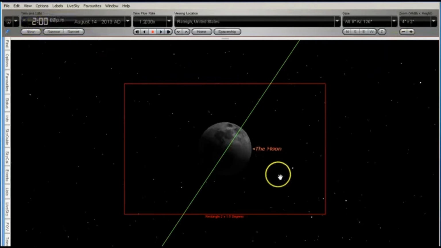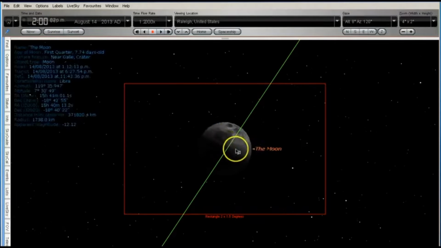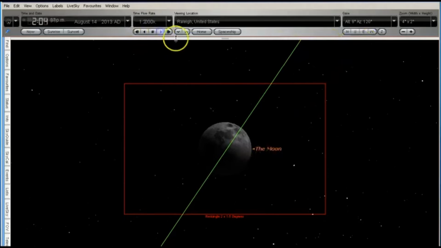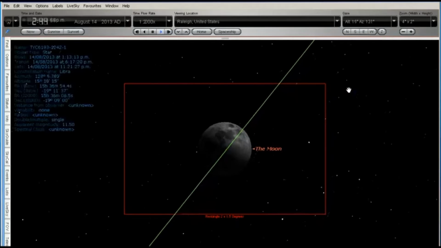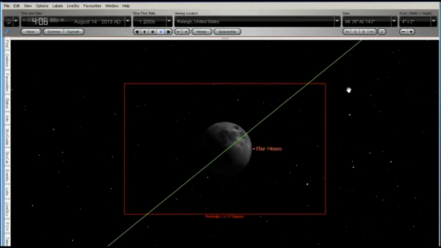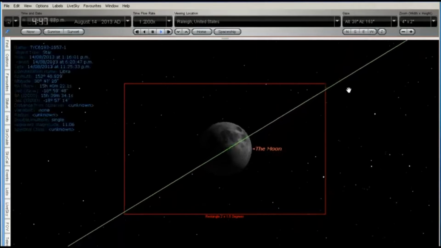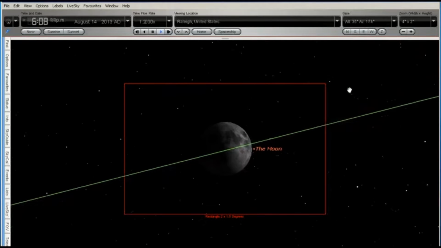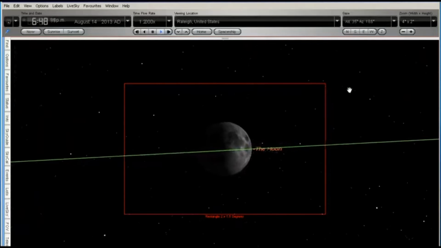So I'm going to run this forward again, and this time we can see more clearly because I'm zoomed up and the daylight is off. We're going to look at the angle of the moon, the apparent angle to the observer. So as I run this forward, we can see that apparent angle is tilting over, and that terminator line is coming up to perpendicular from our point of view.